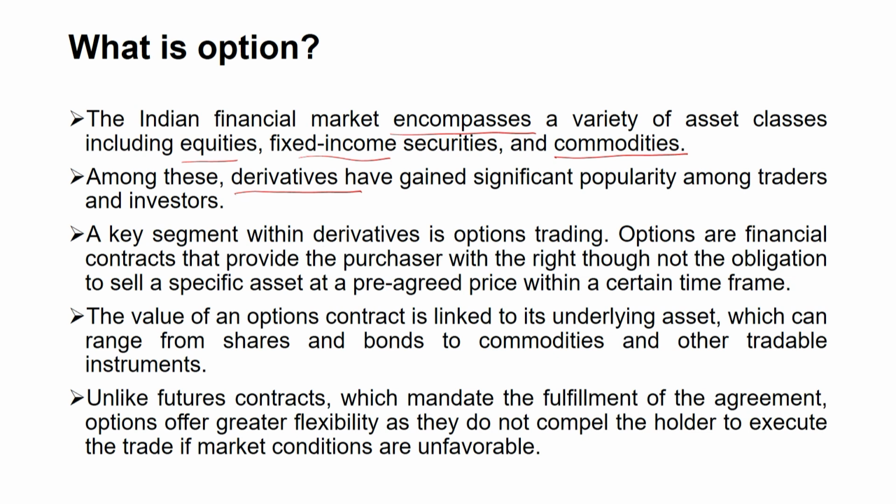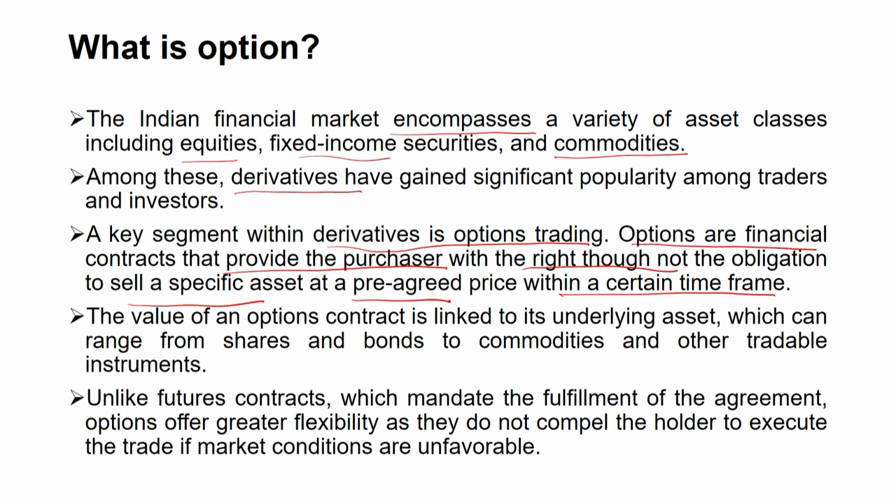Derivatives in option trading are a key segment, and options are financial contracts that provide the purchaser with the right, though not the obligation, to sell or purchase a specific asset at a pre-agreed price within a certain time frame.